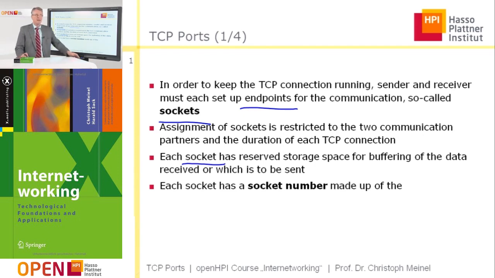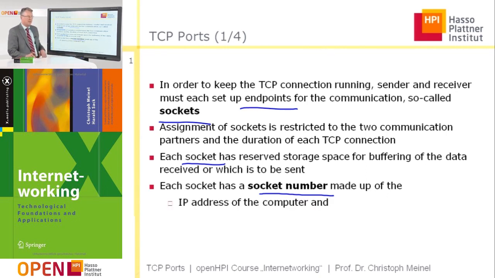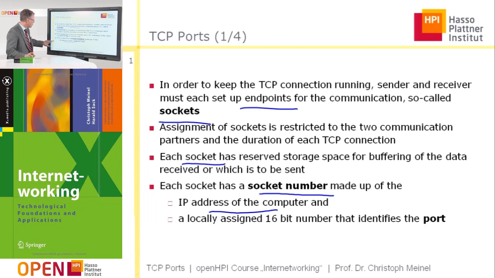Each socket needs to be identified. For that purpose, each socket has a socket number. This socket number is made out of the IP address of the computer. This is important for the IP service because at the end the communication of the TCP packages is done as payload of an IP package.